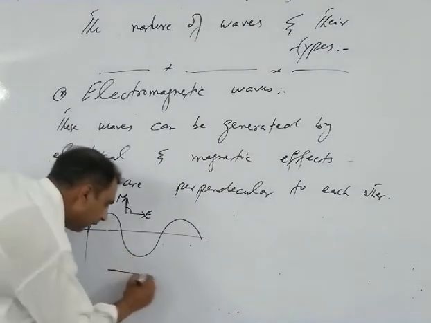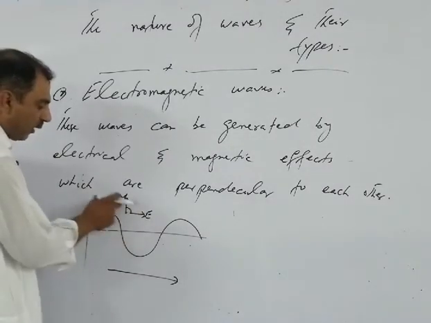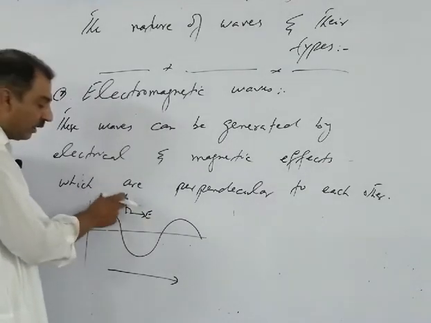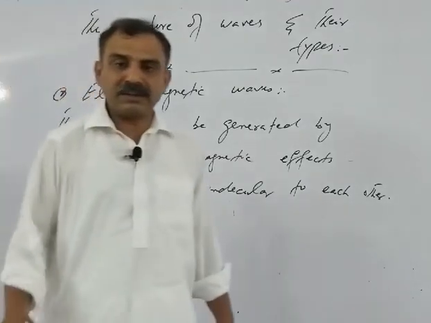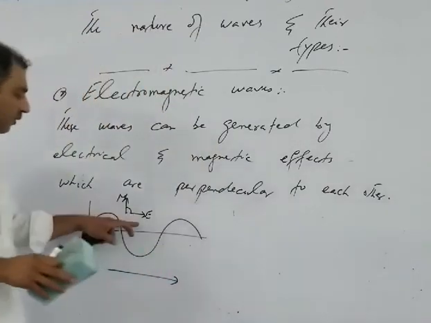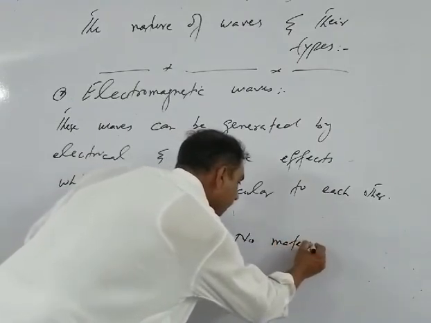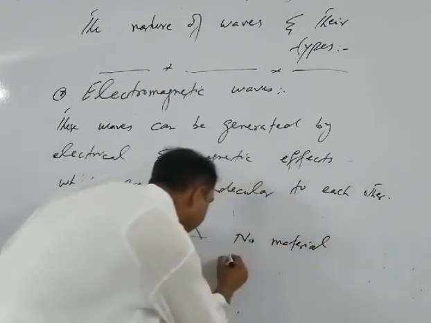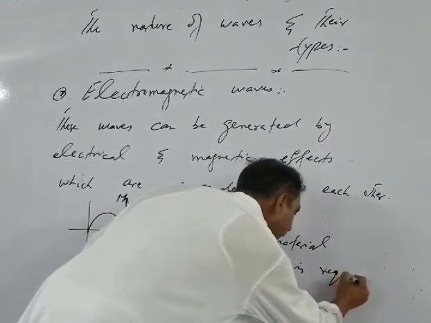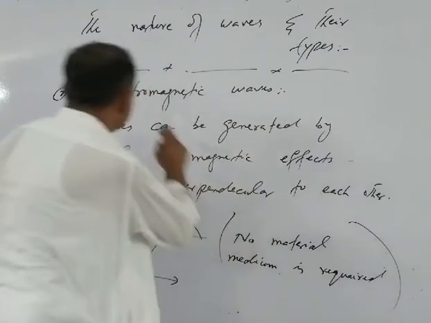So the wave is generated and the wave is moving in the forward direction, but the two disturbances causing the electromagnetic wave, one electrical and the other magnetic, are perpendicular to each other. So in this case, no material medium is required. No material medium is required for electromagnetic waves.